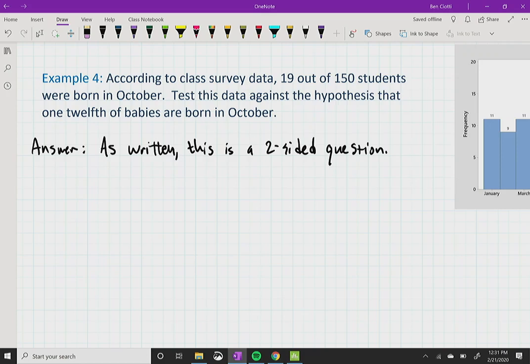So we are asking whether 1/12 of babies are born in October or not. The null hypothesis is that the proportion of babies born in October is 1/12. The alternative hypothesis is that the proportion of babies born in October is not 1/12.